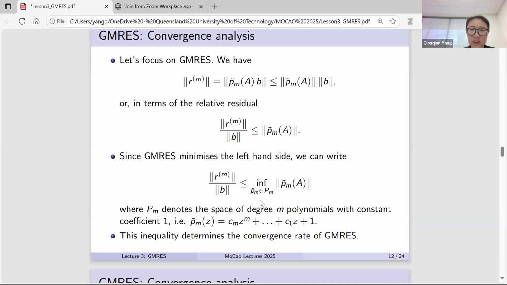And this inequality determines the convergence rate of GMRES. So if you can find a Pm that keeps the norm small, then that's great. That means you can converge fast. If you can't find a Pm to keep the norm small, then the convergence will be bad.